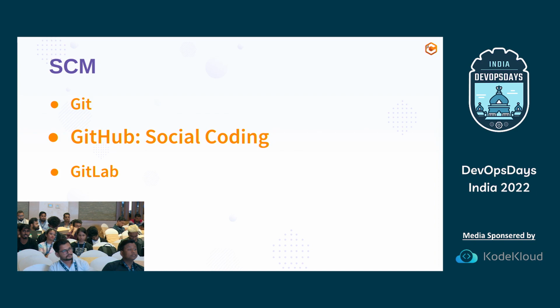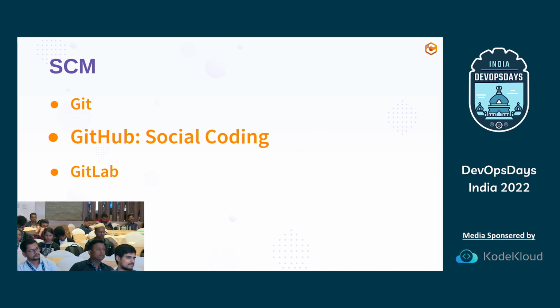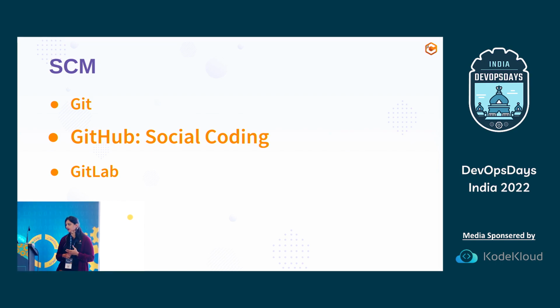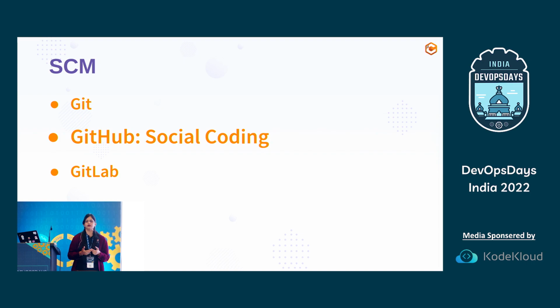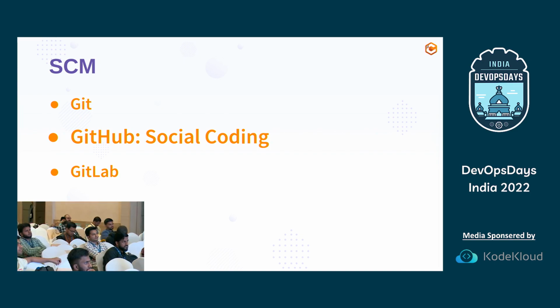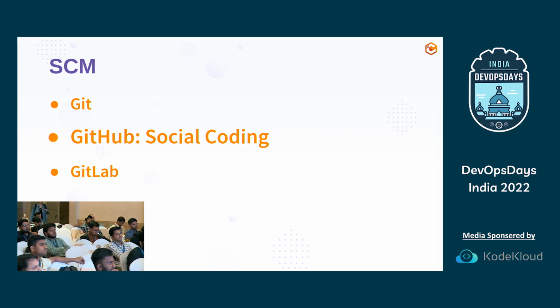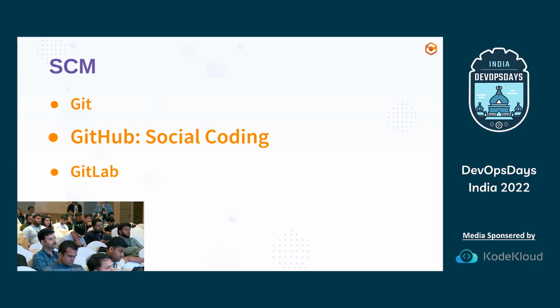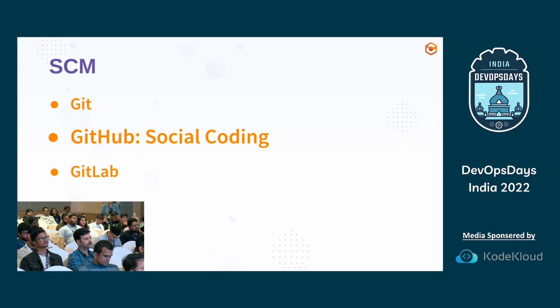Consider Git as a single computer and GitHub as a network of interconnected computers. GitLab is the same as GitHub but maintained by a different group. It is one DevOps platform along with CI/CD benefits. So in today's talk, I would focus more on GitHub.